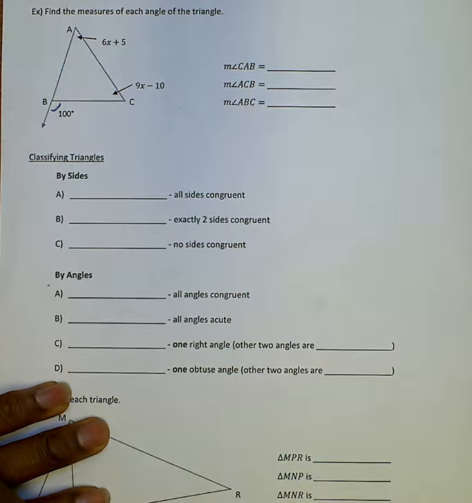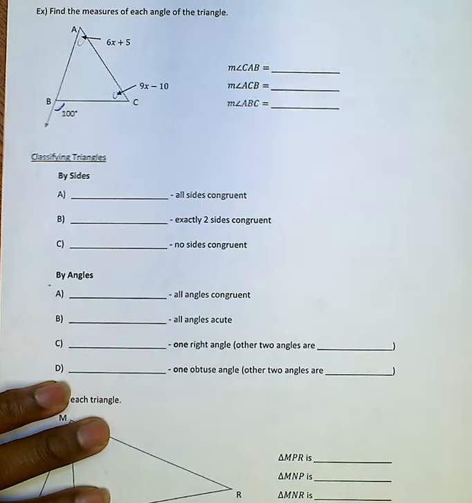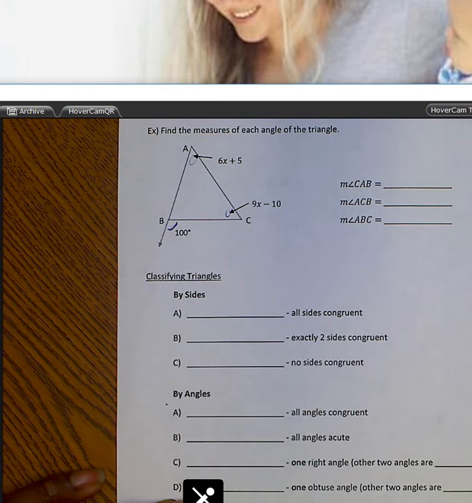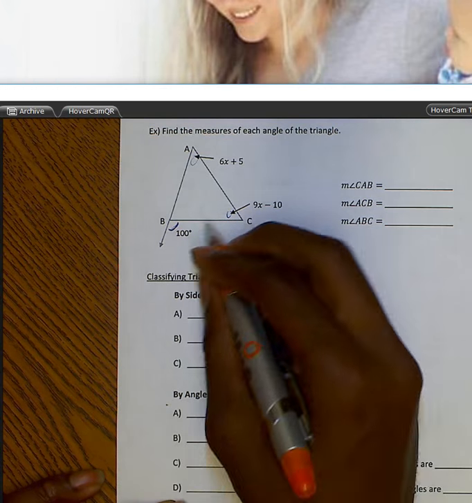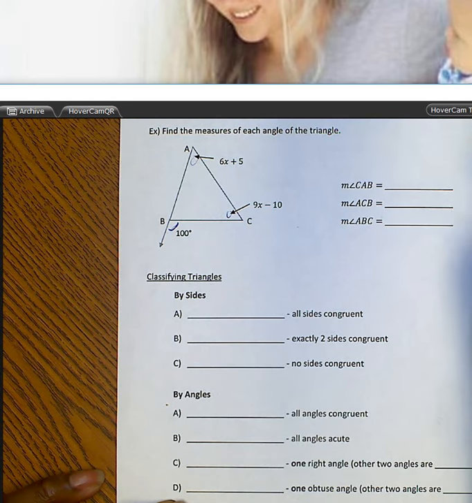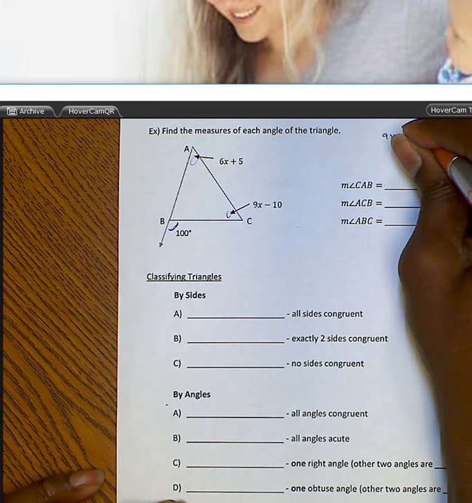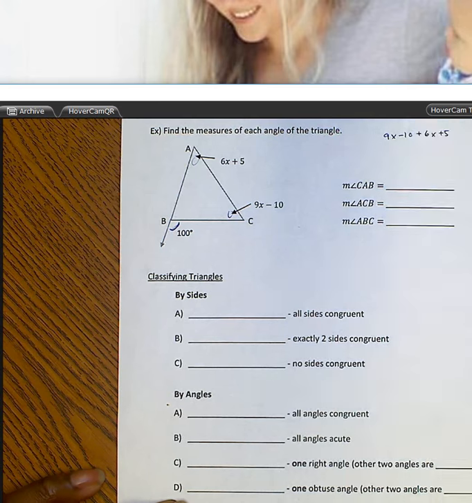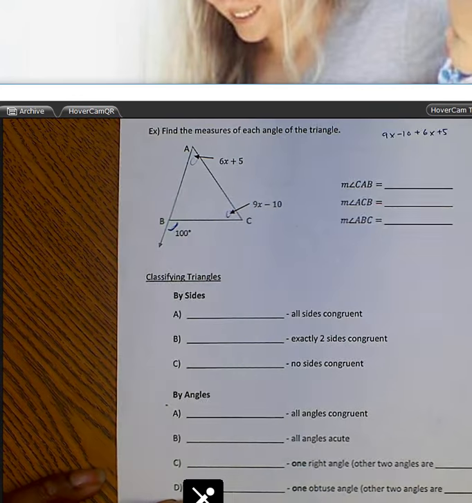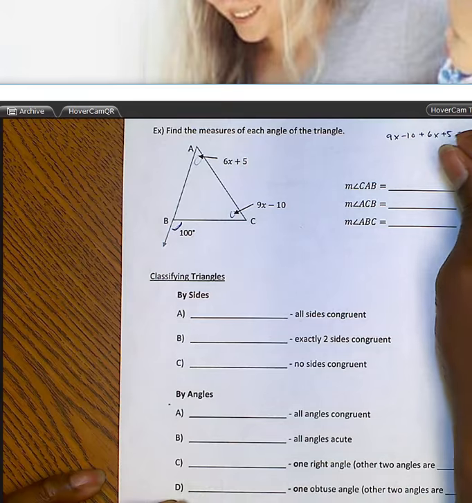And so what we can say is, these two angles that they gave us are the remote interior angles. So since they're the remote interior angles, these two angles together, 9x minus 10 plus 6x plus 5, those two angles together add up to 100.